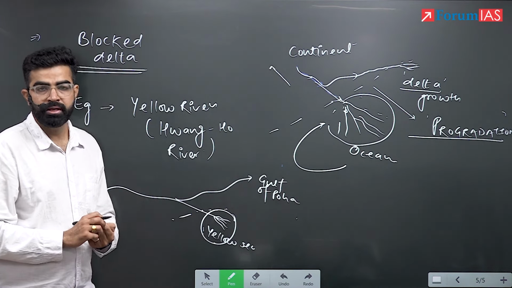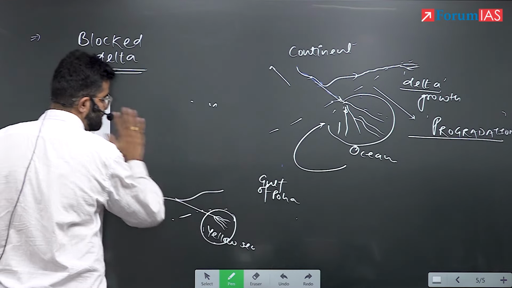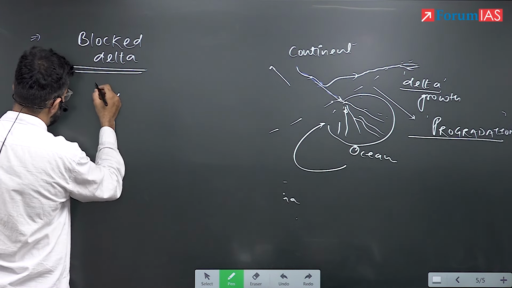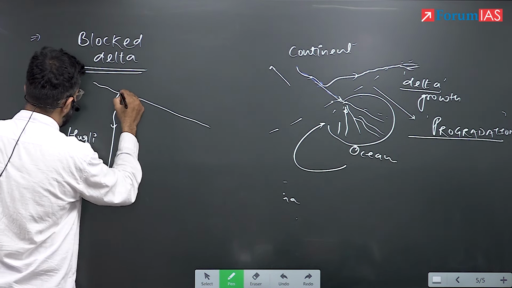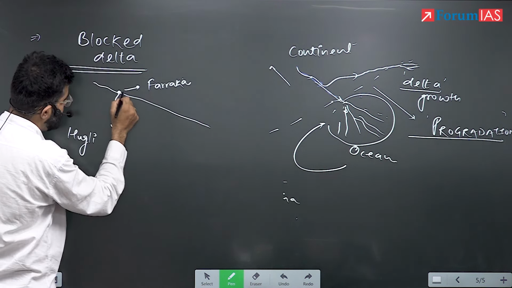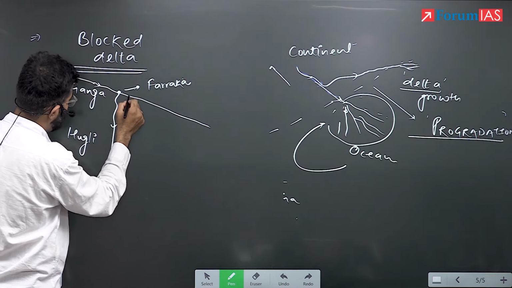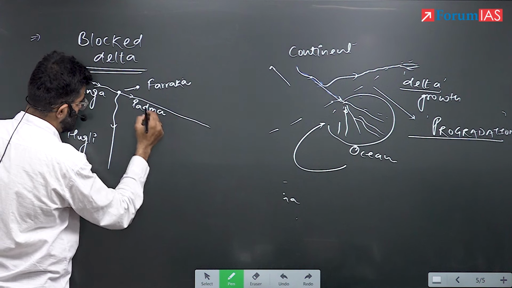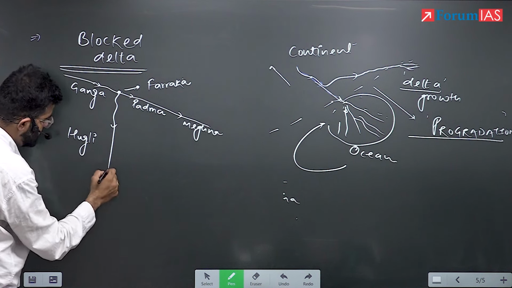In case of India's example, let me erase this area. If you look at the Bay of Bengal, here the Ganga will be divided. See here, there is a point on the map known as Farakka point. Before this Farakka point, it is the river Ganga. After this Farakka point, Ganga will be divided into distributaries. So Padma, Meghna, yes. Here it will become Meghna in Bangladesh, and the other branch from Calcutta will move out.